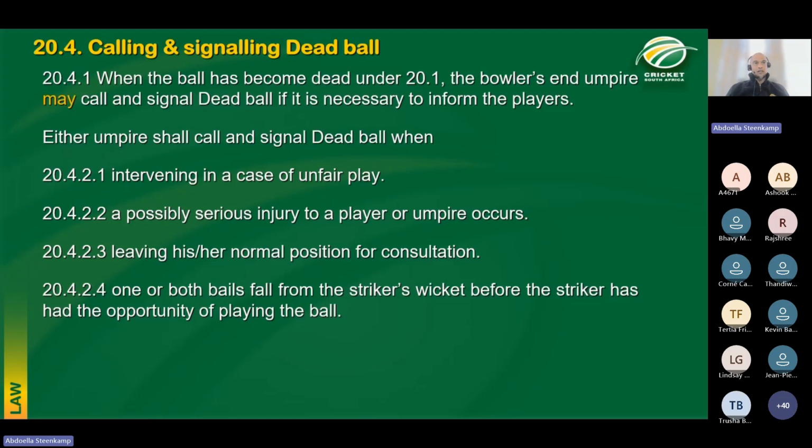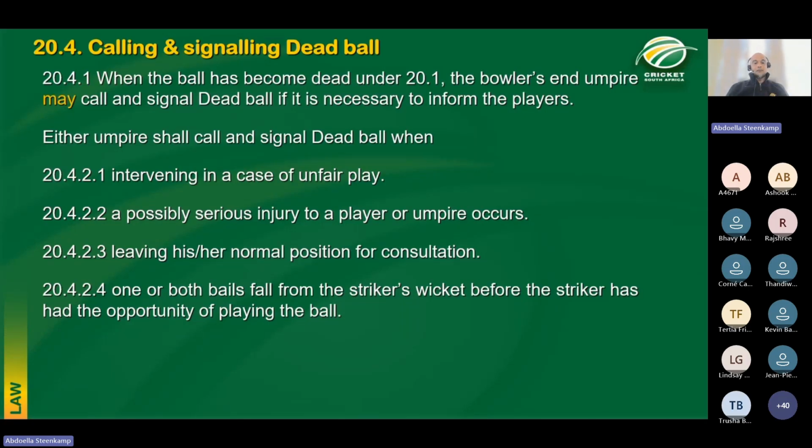It's not impossible, the bowler's end umpire can sometimes see it, but most of the time his or her view is blocked. The striker's end umpire will have a good view, so you need to be alert. If one or both bails fall from the striker's wicket, you need to intervene by calling and signaling dead ball.